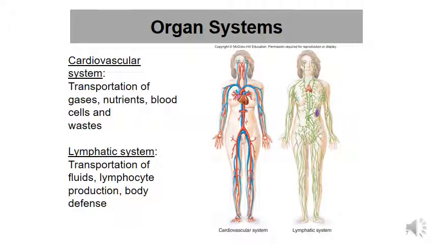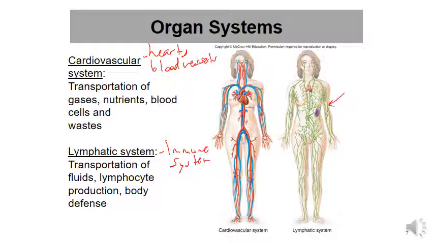Cardiovascular system, this includes your heart, blood vessels. Lymphatic system. Lymphatic system is basically our immune system. And our lymphatic system includes lymphatic vessels, which are these green lines that you're seeing here.